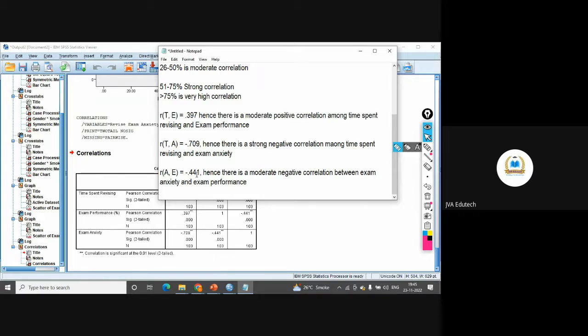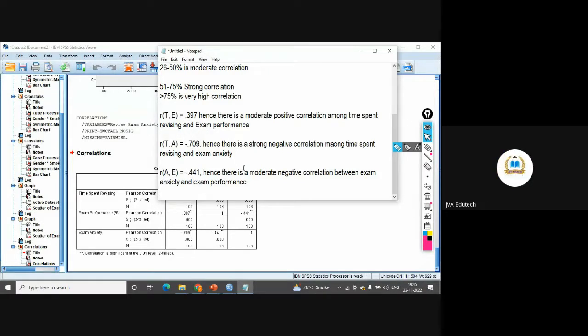But what is happening here, if you see the entire relationship? If the student revises more, anxiety decreases. Anxiety decreases. So in turn, what is happening? If anxiety is decreasing, what is happening to performance? The performance increases.